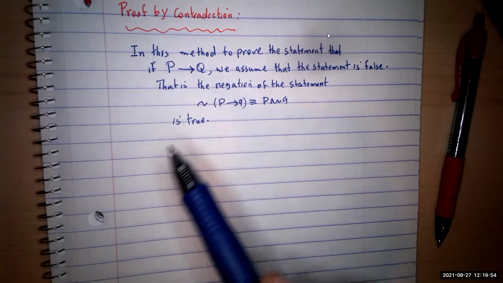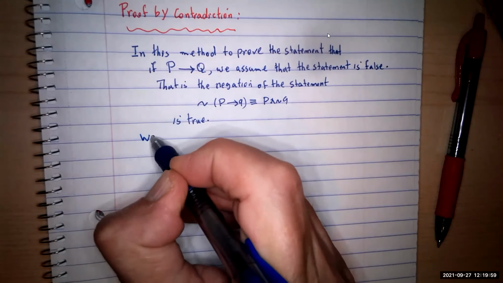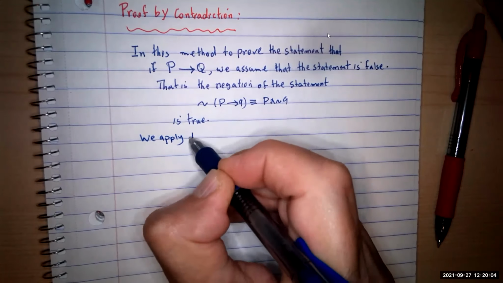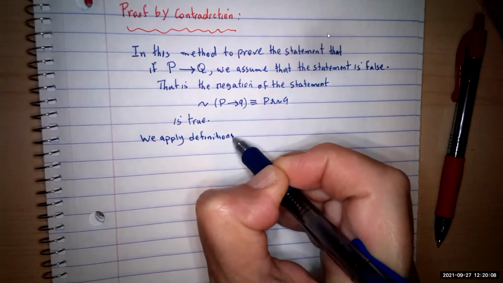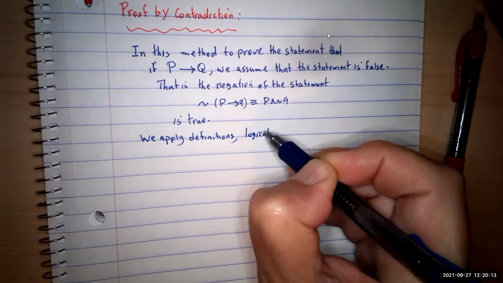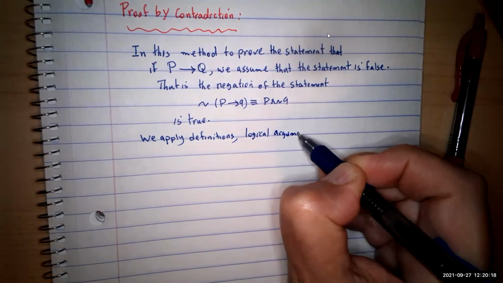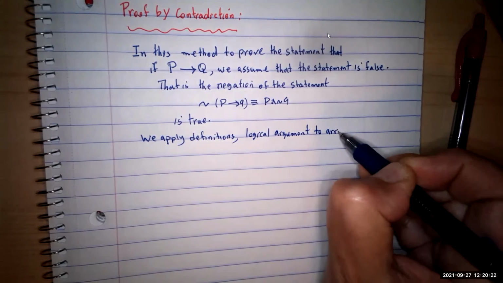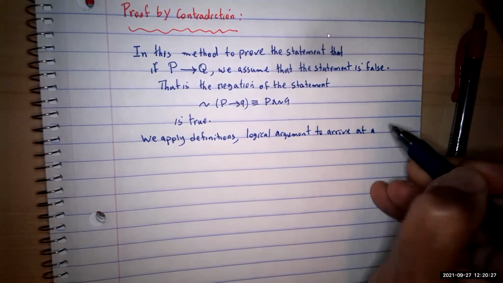So we assume this is true, and then we apply definitions as usual, depending on the nature of the problem, and some logical argument to arrive at a contradiction.